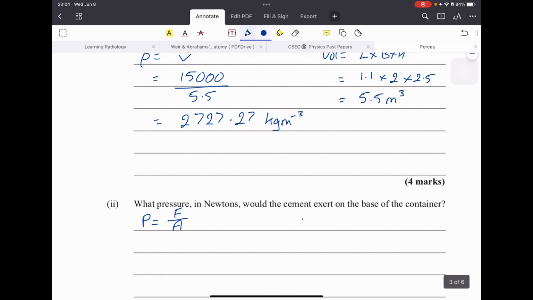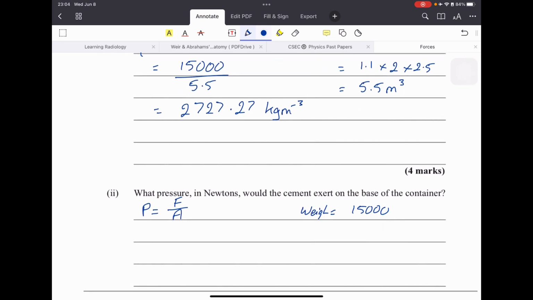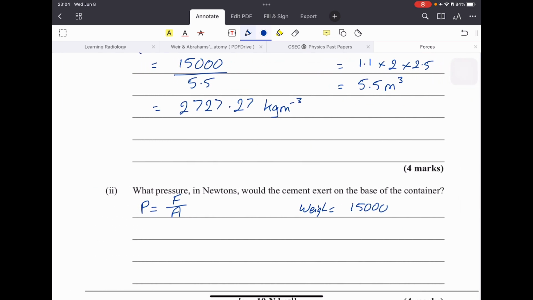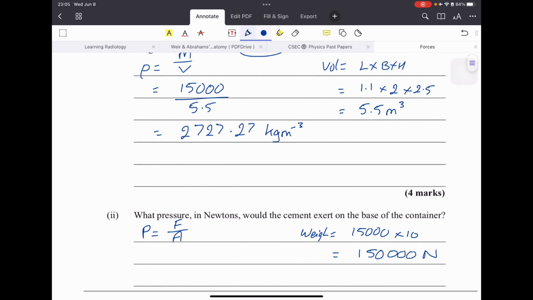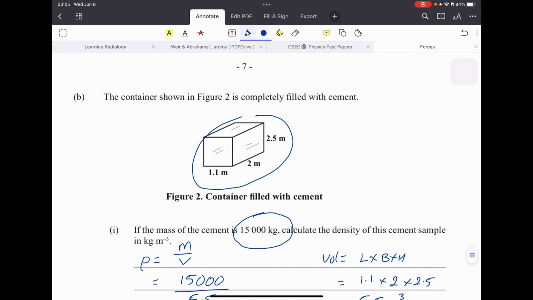The weight is simply the mass, which is 15,000 multiplied by gravity, and they told us what gravity is, 10. So essentially we have 150,000 newtons is our force, and the area is the base of the container, right? So we have something new to calculate there. We need to get the area of the base.